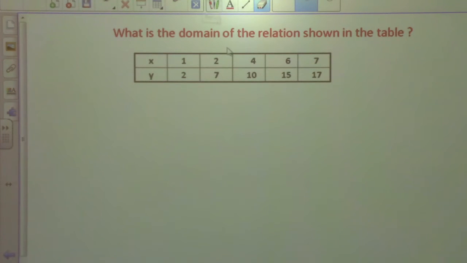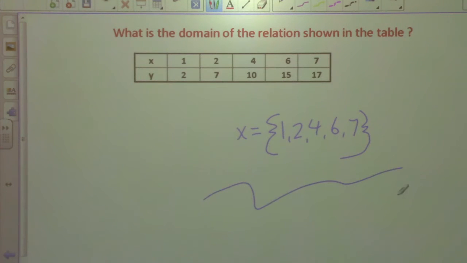Okay, for this one, does that look right? Yeah, that's going to be right there, okay?